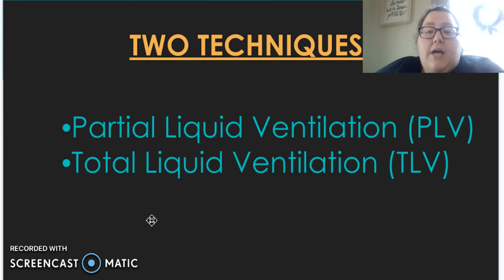So there are 2 techniques of liquid ventilation. We just discussed partial liquid ventilation and total liquid ventilation. Total liquid ventilation is still extremely experimental. No patient has ever been maintained on it. In total liquid ventilation, the lungs are filled and ventilated with PFC using a ventilator designed specifically for delivery of liquid tidal volumes.